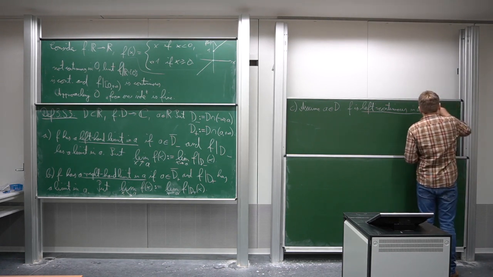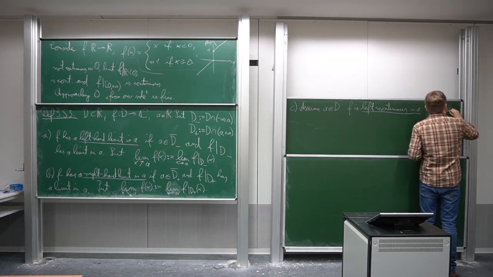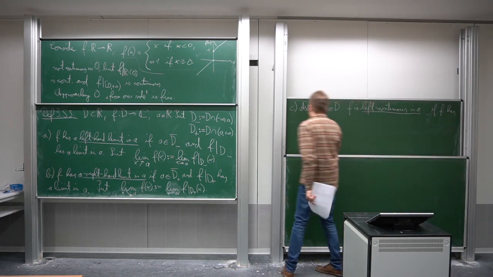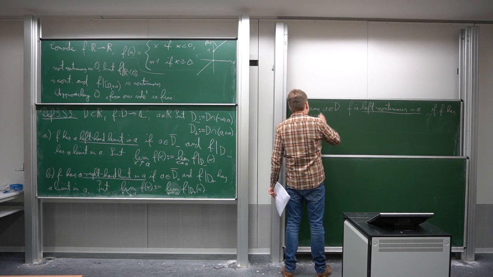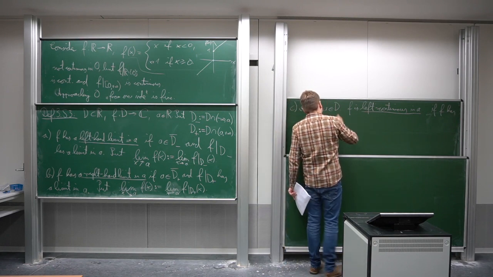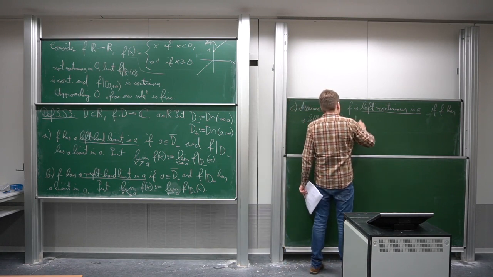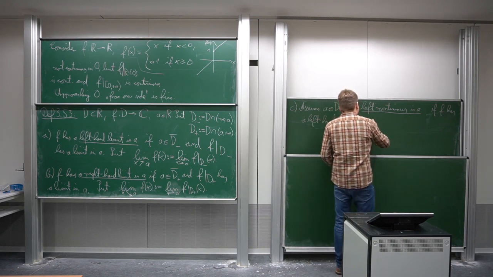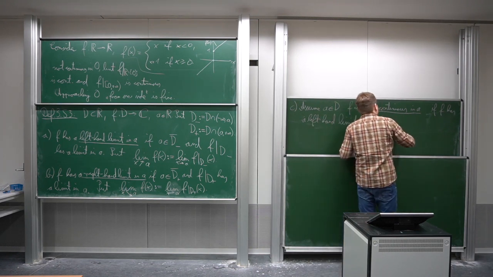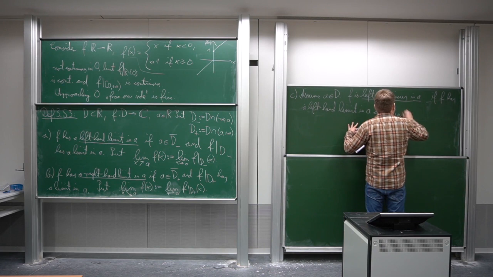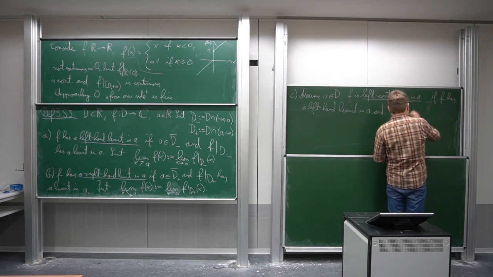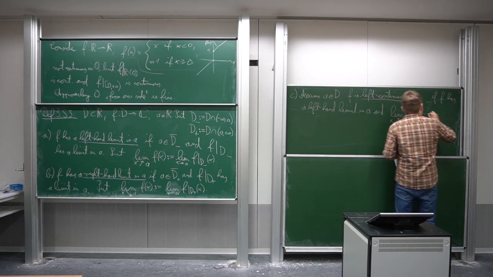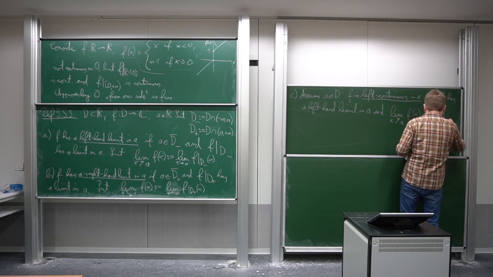if f has a left-hand limit in a, and I want that this left-hand limit coincides with the value of f at this point, which makes sense because a is in D. So the limit of x going up to a of f of x is f of a.